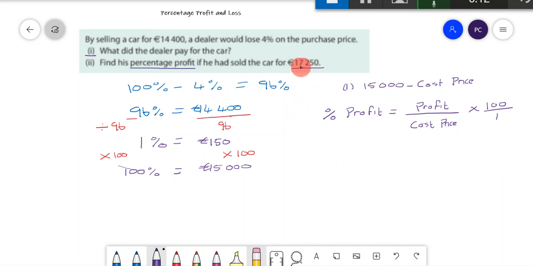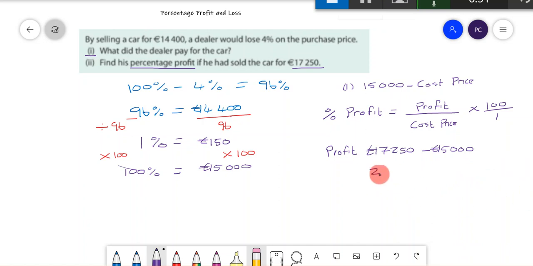So the profit in this case is going to be €17,250 minus the cost price, which is €15,000. These subtracted from each other is equal to €2,250.